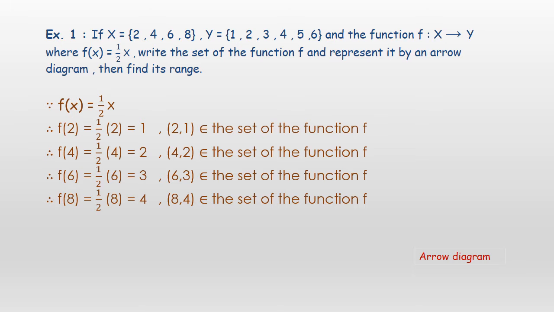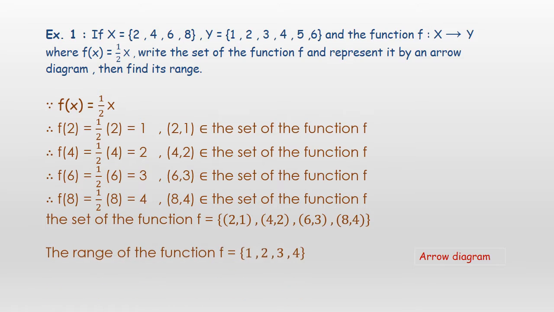So we find that f of 8 is half times 8, which is 4, and our ordered pair will be 8, 4. So the set of the function f will be the ordered pairs that we calculated: 2, 1, 4, 2, 6, 3, 8, 4. So our range is the subset of the codomain: 1, 2, 3 and 4.